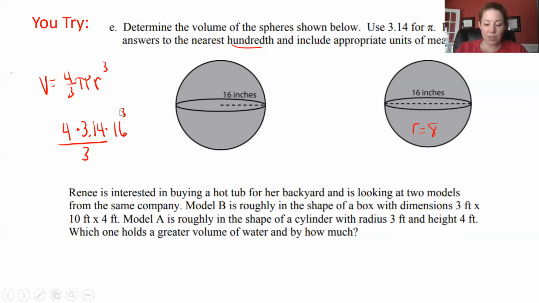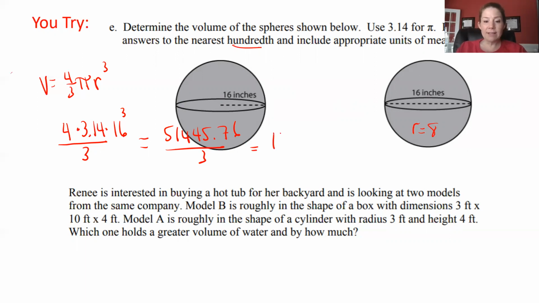So we're going to do 4 times 3.14 times 16 to the 3rd power. And then we have 51,445.76, and we're going to divide that number by 3.